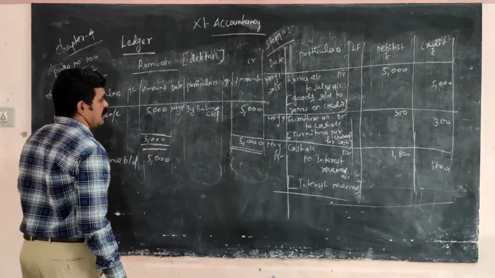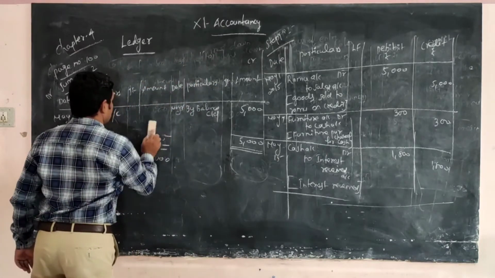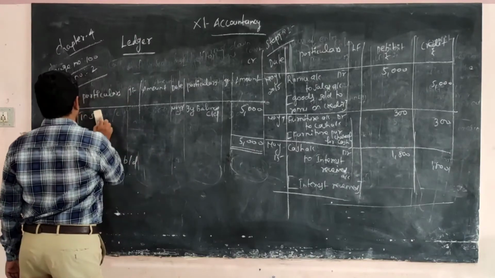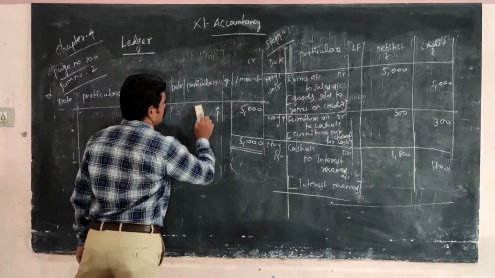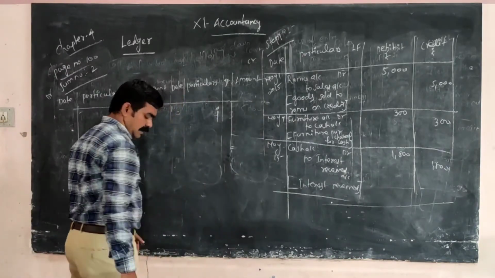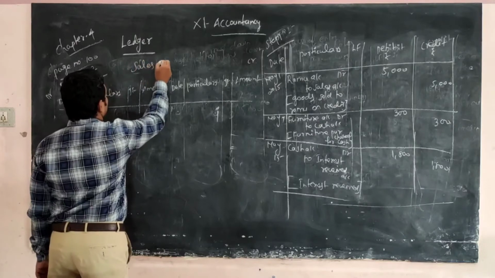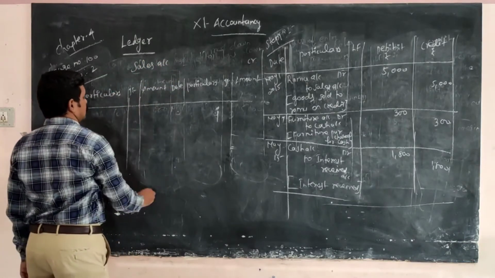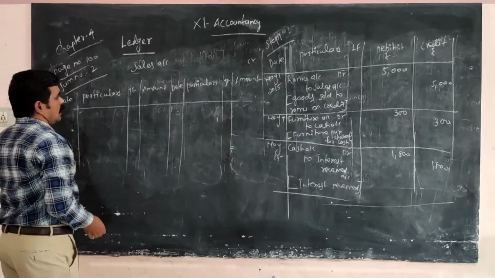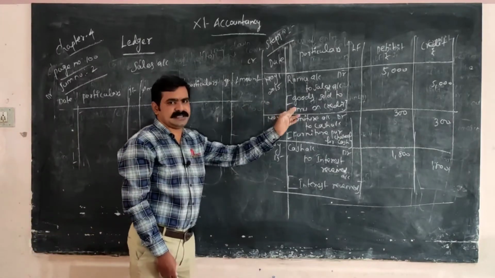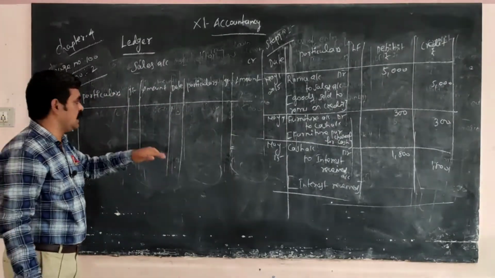Next, going to open sales account. Here, sales account in the first May 1 transaction, sales account comes on the credit side, so Ramu account also comes under credit side.